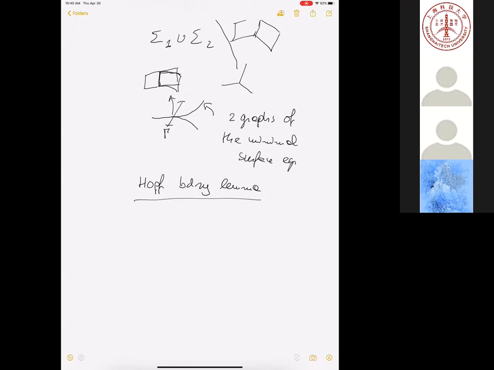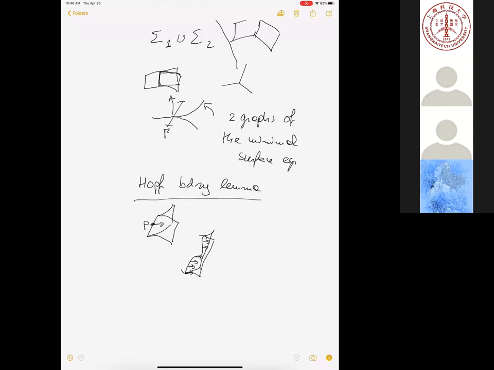A situation which would be really bad, and which you can rule out also in higher codimension, is a situation in which two graphs, so the Hopf boundary lemma would just tell you that two graphs cannot be on top of each other and have the same normal at some point P. But what you can actually conclude in higher codimension by unique continuation arguments is that certainly, even in higher codimension, it is not possible that two graphs have the same normal at all the points on an open set, right?